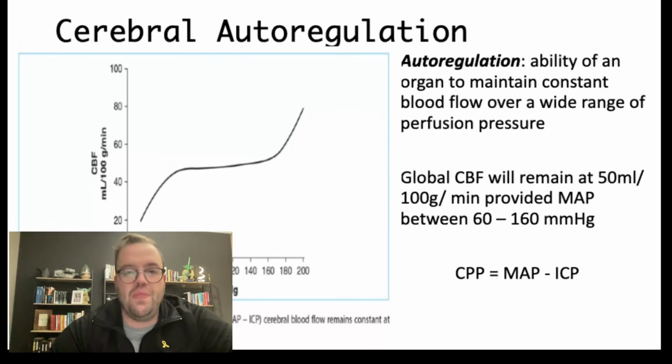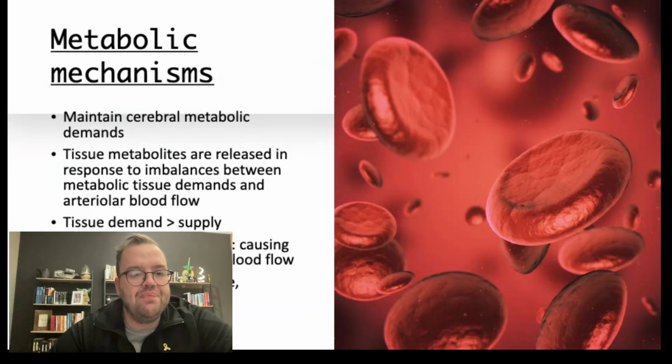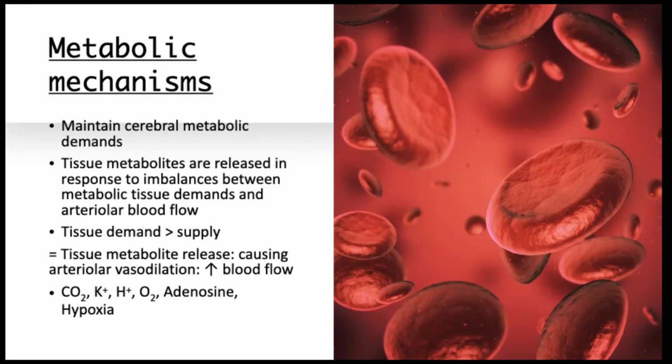The third mechanism is metabolic, that maintains cerebral blood flow, and this basically matches cerebral metabolic demand. As the brain metabolizes oxygen and consumes glucose, metabolites are released in response to an imbalance between oxygen demand and oxygen supply.